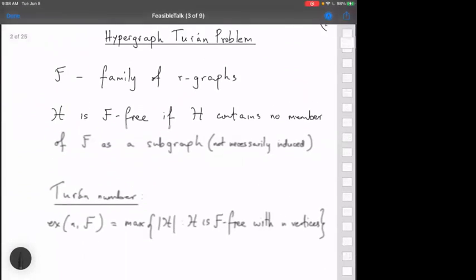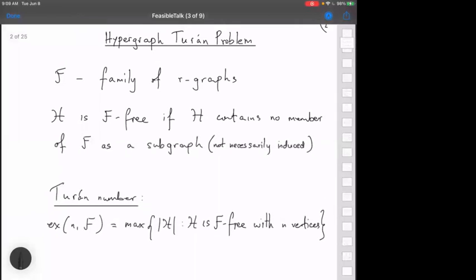So let me tell you what the hypergraph Turán problem is. This is the classical problem about hypergraphs: you have a family of r-uniform hypergraphs. We'll call that family F in this talk. We say that a hypergraph is F-free if it contains no member of F as a subgraph. And here I'm not talking about induced graphs, just subgraphs. Often F is just one hypergraph, but it can be a family.